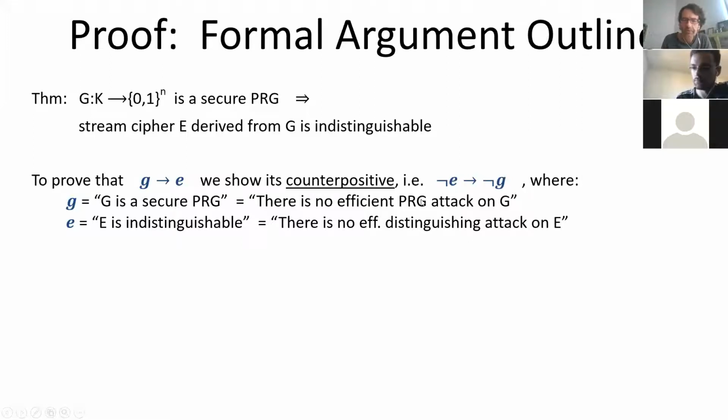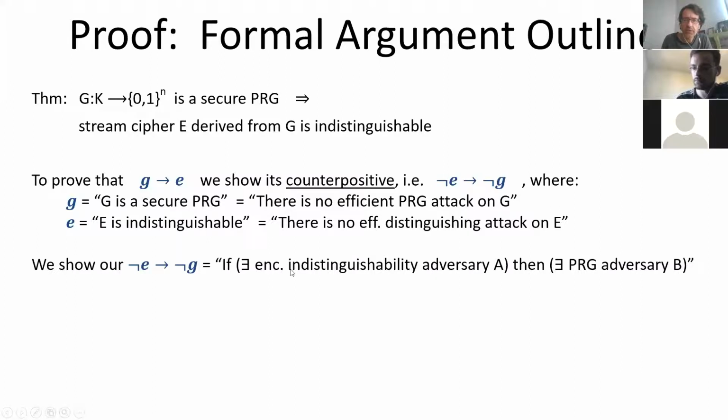The reason it's easier to think of the contrapositive is that security of a PRG means that for every polynomial attacker, something good happens. Security of an encryption, again, is that for every polynomial attacker, he has low advantage.